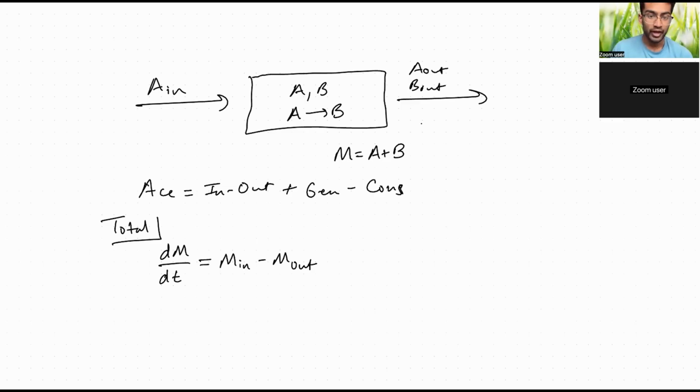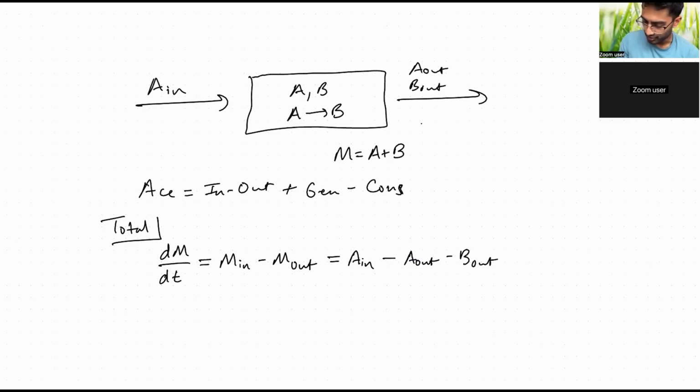And since it's the total mass and we're not working with nuclear chemistry, there's no generation or consumption, so we are done. This is it. dM/dt equals mass in minus mass out. Now we can break this down further because we actually have the amounts here. So mass in is equal to A in minus the out terms, A out and B out.